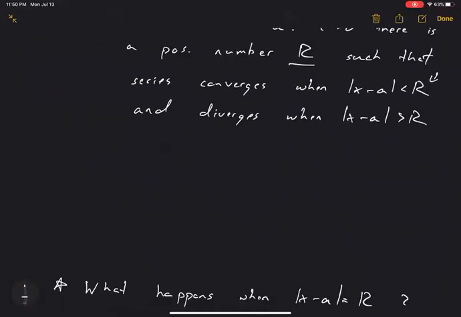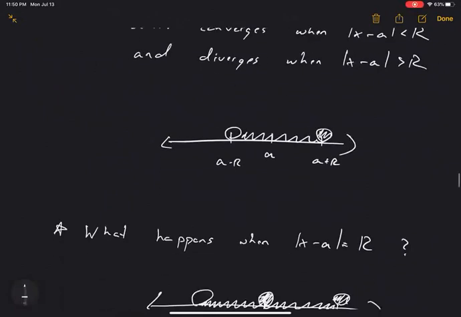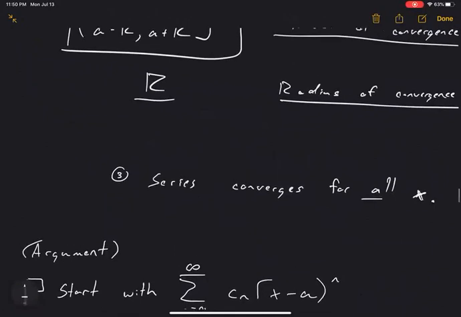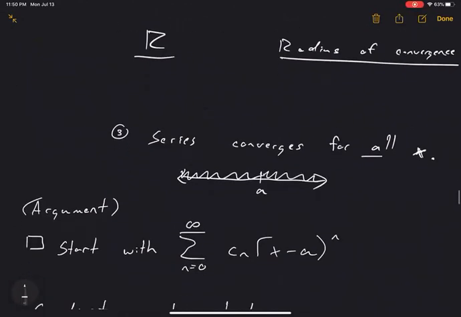Possibility two, it converges at a plus a finite interval, and we don't know what's going on at the endpoints. Possibility three, the series converges everywhere. Maybe it converges at a, and it's going to converge everywhere to the left of a and everywhere to the right of a. So that's possibility number three.